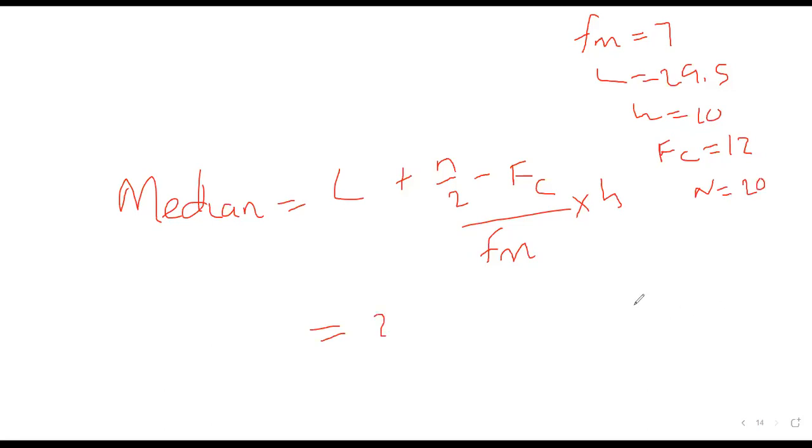So this is 29.5 plus (20 over 2 minus FC, which is 12), divided by Fm, which is 7, times height, which is 10. And you get your final answer there.